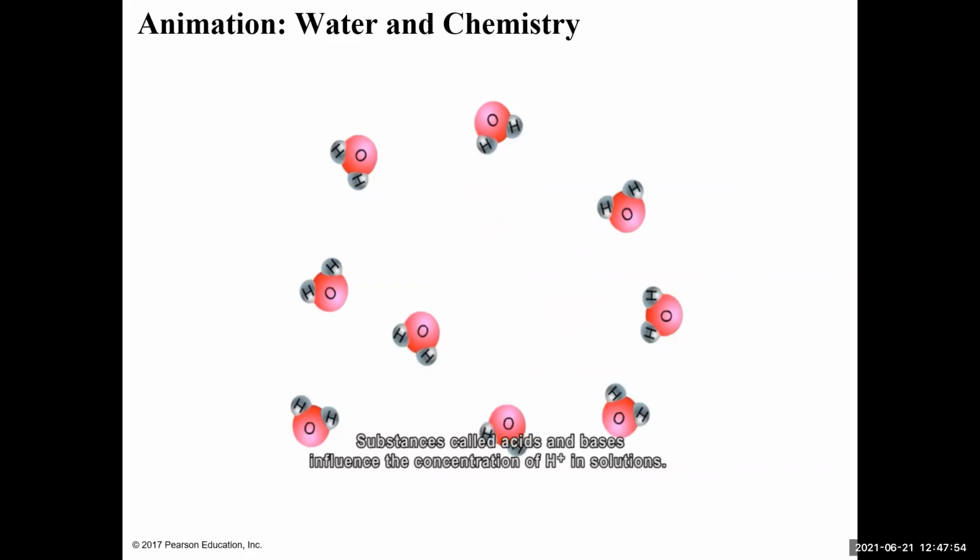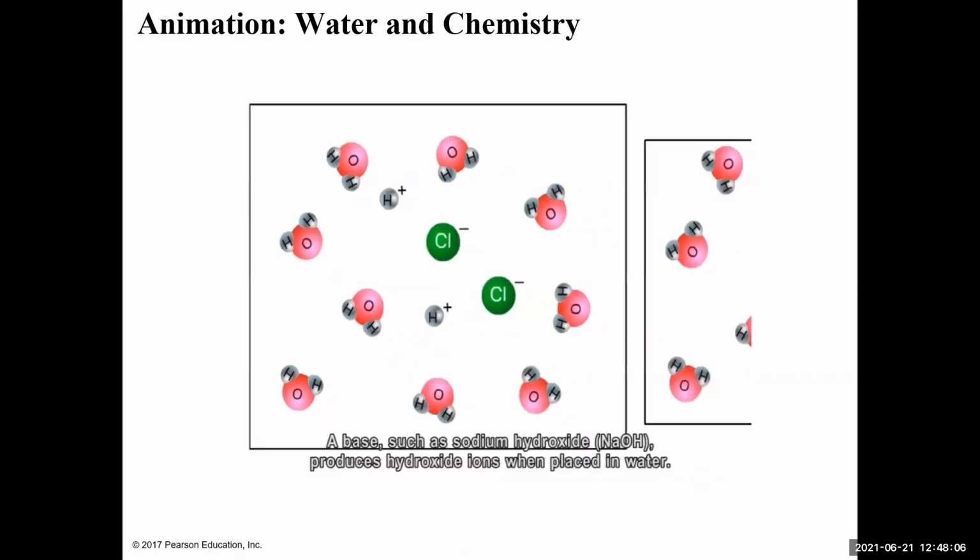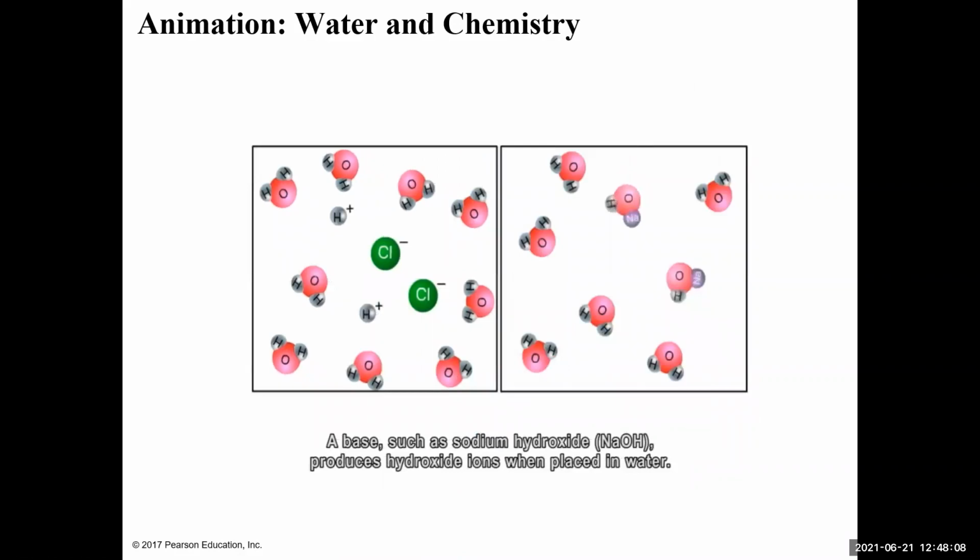Substances called acids and bases influence the concentration of hydrogen ions in solutions. An acid, such as hydrochloric acid or HCl, releases hydrogen ions when placed in water. A base, such as sodium hydroxide or NaOH, produces hydroxide ions when placed in water.